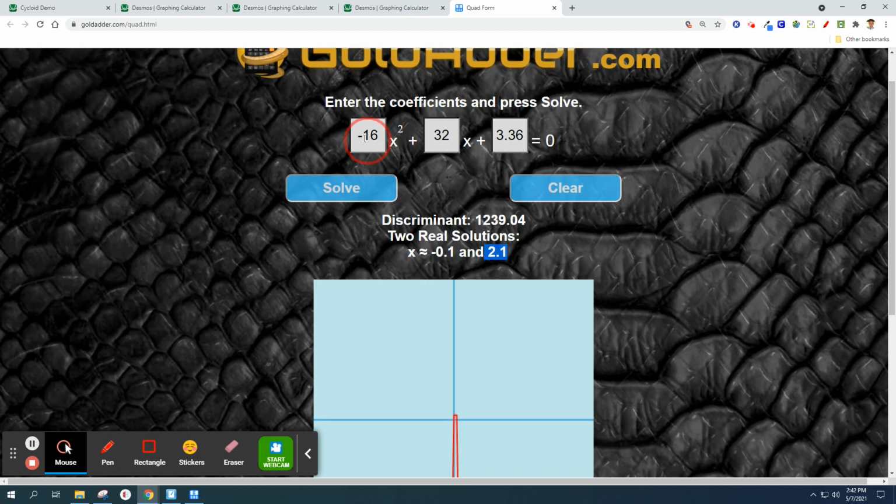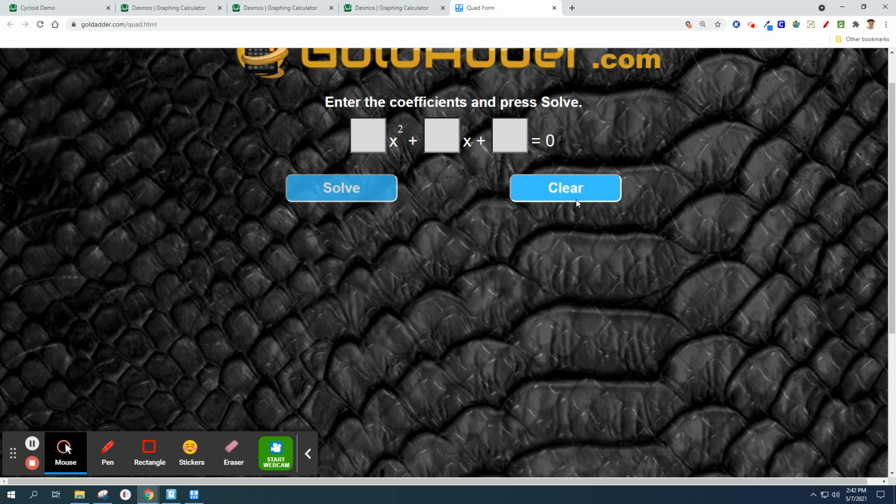The one with the x in it was the weird, complicated one with all the decimals. So what was that? Negative 0.005184 and 0.576 and 3.36.